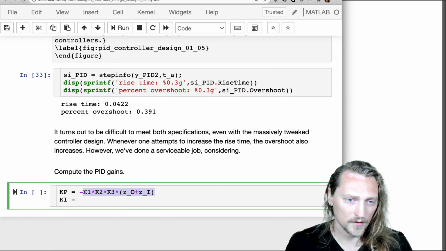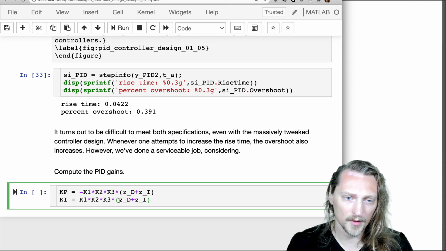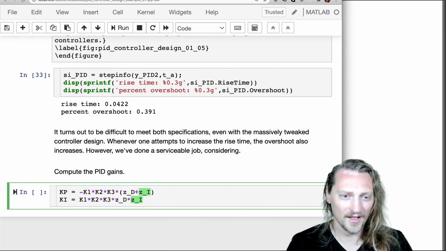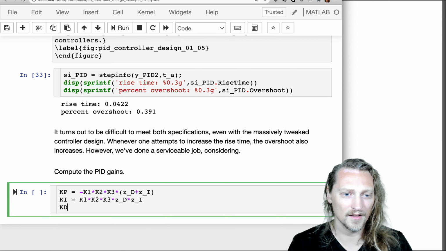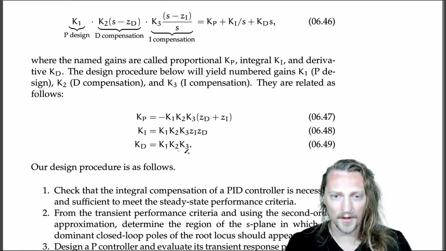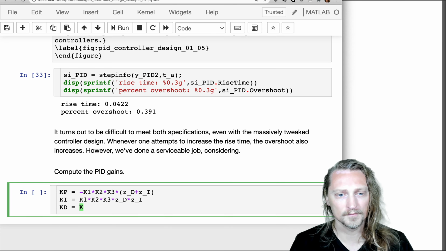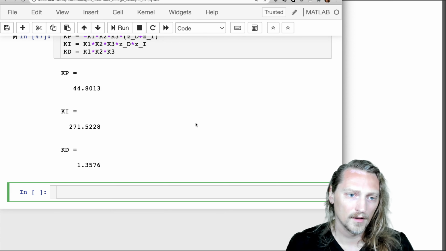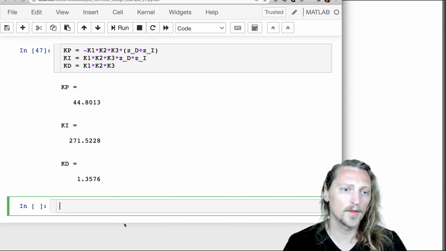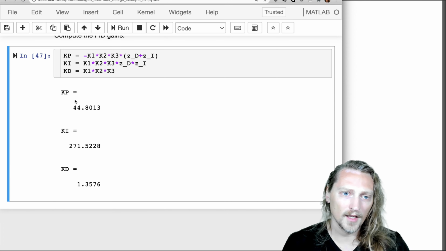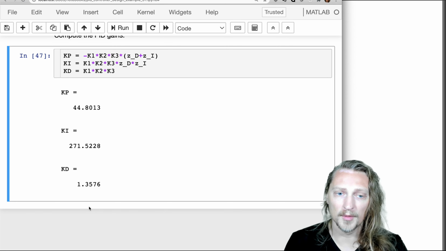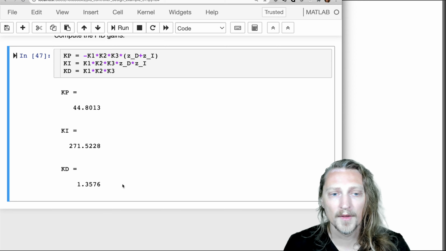So we can just sort of cheat here a little bit and reuse a lot of the previous one. And then we've got Kd equals K1 times K2 times K3. Great. So we go ahead and compute them. We get Kp being about 45, Ki being about 272, and Kd being about 1.4.